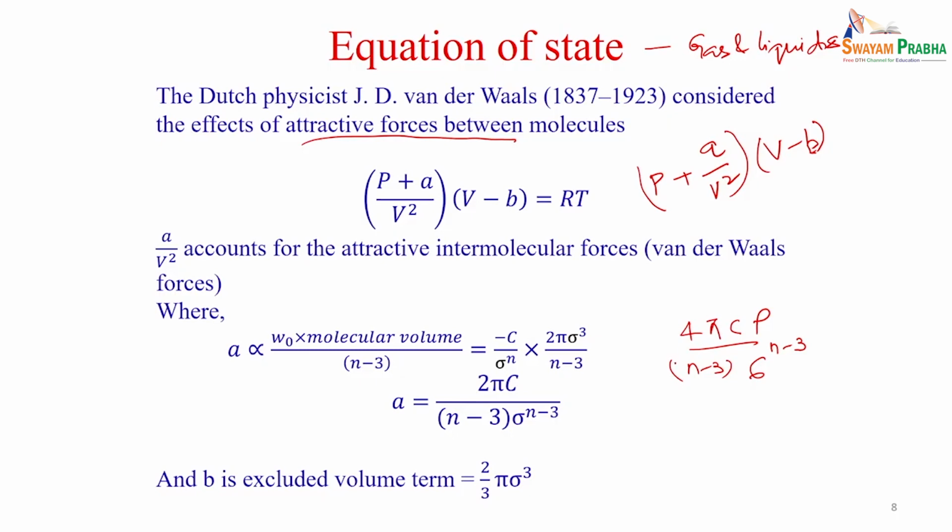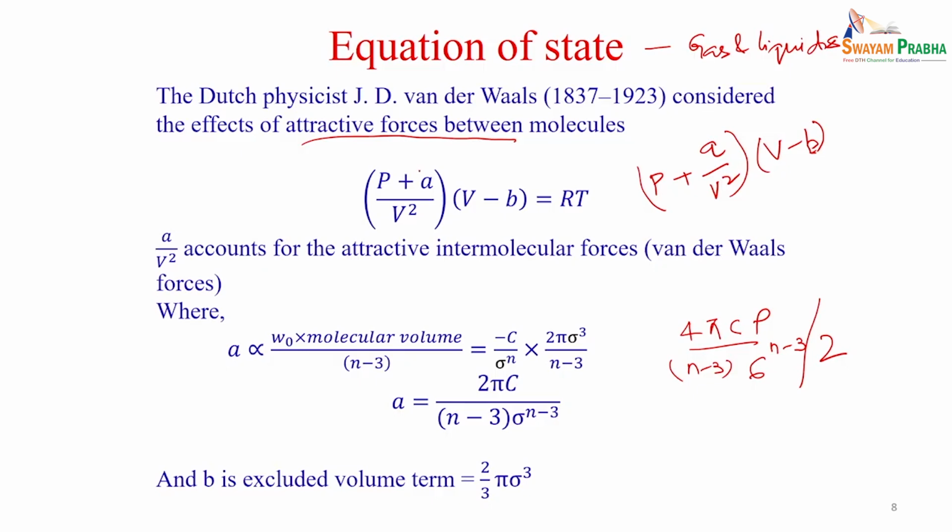So, this is the potential energy between the two molecules. If you want to consider for one molecule, you have to divide by 2. So, if you divide by 2, it will be the same as the value of A, which is coming here as the attractive force.